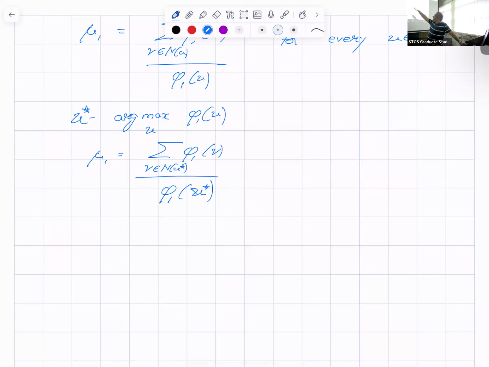Now, what do you notice over here? I want to claim this is certainly less than or equal to the degree of u star, because I've chosen this to be the maximum, so each of them is less than or equal to 1. And furthermore, certainly this is less than or equal to degree max.